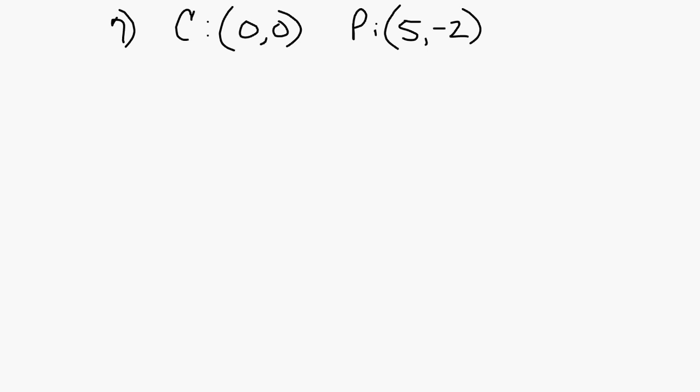So your equation is going to start off, you won't need any parentheses on this problem, okay? Since your center is at 0, 0, the beginning of your equation is just x² + y² =, and out here goes the radius squared. So we need the radius. We need the distance from 0, 0 to 5, negative 2.